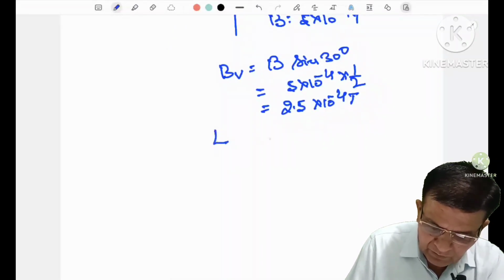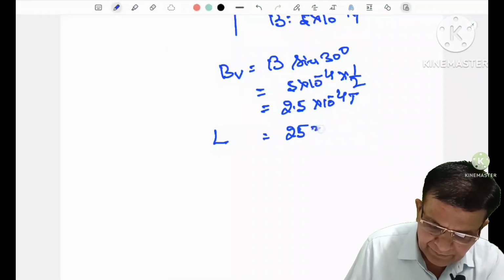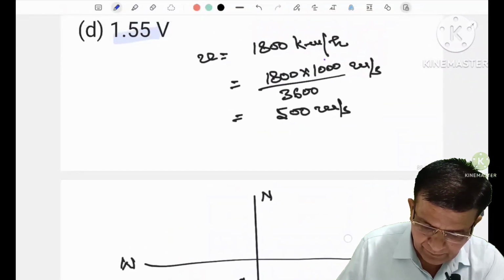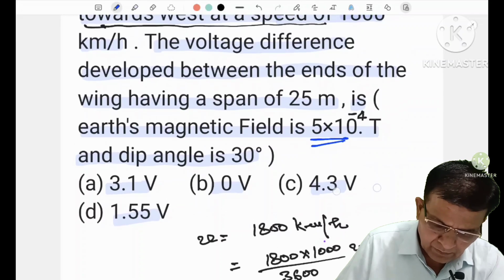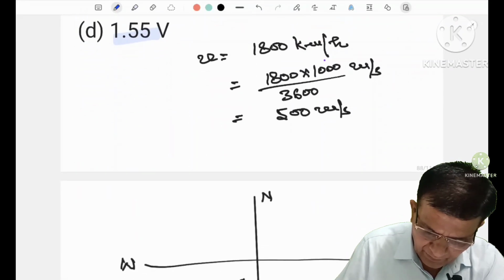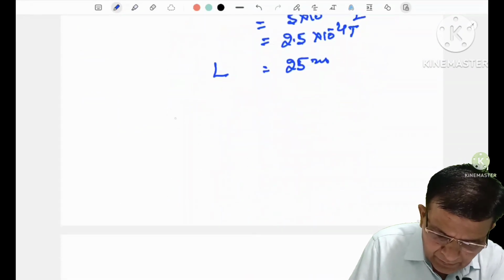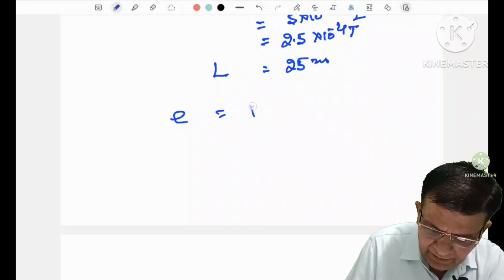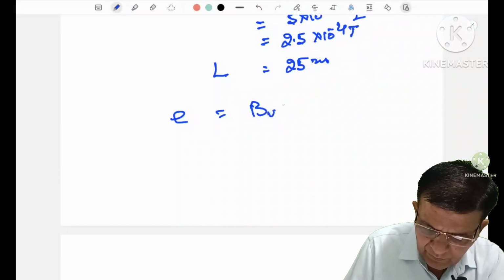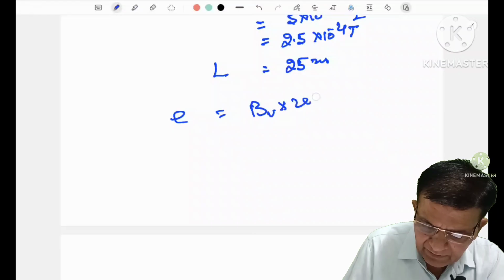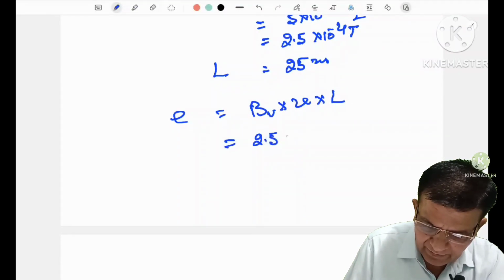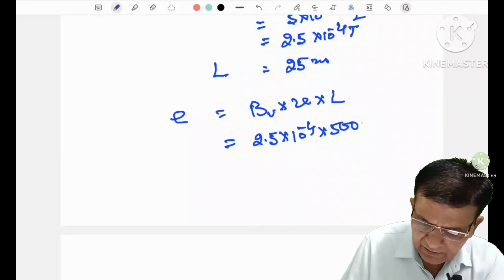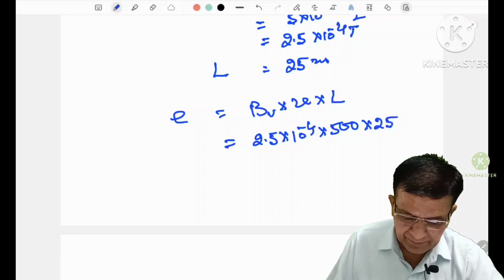Length of wings is 25 meter. Voltage difference developed E is equal to BV into speed into length. So BV is 2.5 into 10 to the power minus 4, v is 500, L is 25 meter.